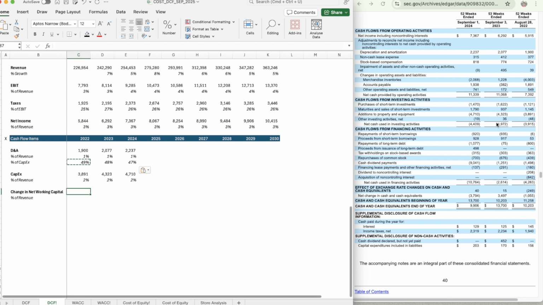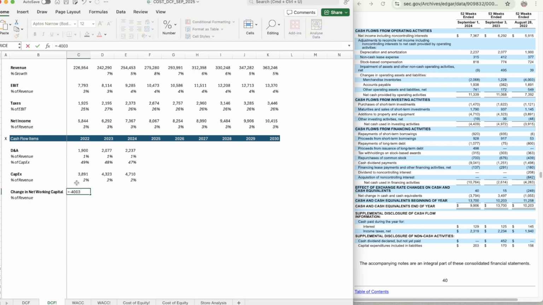And then the change in net working capital is in changes in operating assets and liabilities. So we just add these together. Minus 4003, because it's in brackets, it means it's negative. Plus 1891. Plus 549.